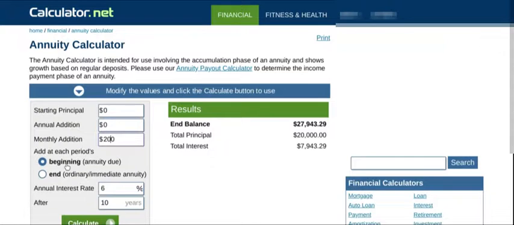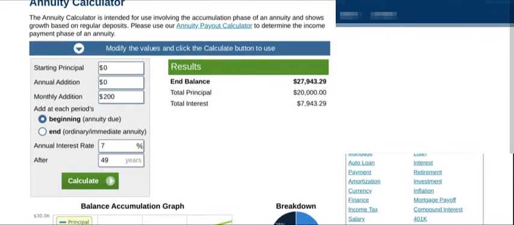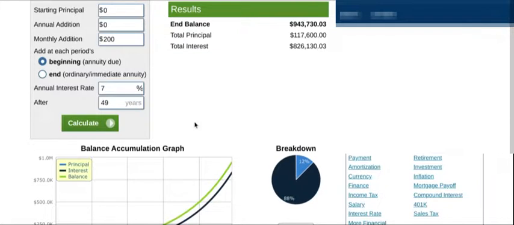So we're going to put money in at the beginning of every month. So that's why it says beginning, annuity due. You can put it in at the end of every month if you want. And it's going to be at 7% because that's what the question said. And we're going for 49 years from the age of 16 to 65. So let's calculate. And that's it.